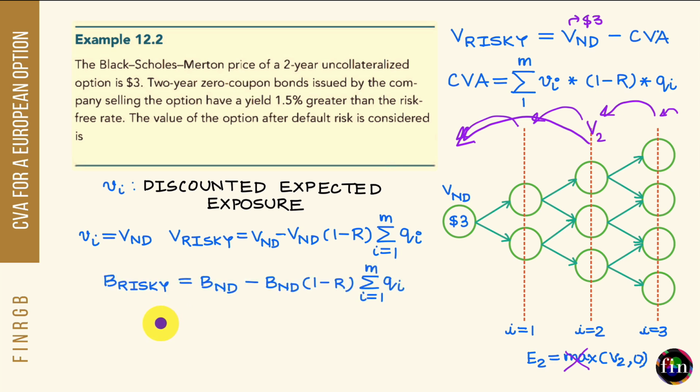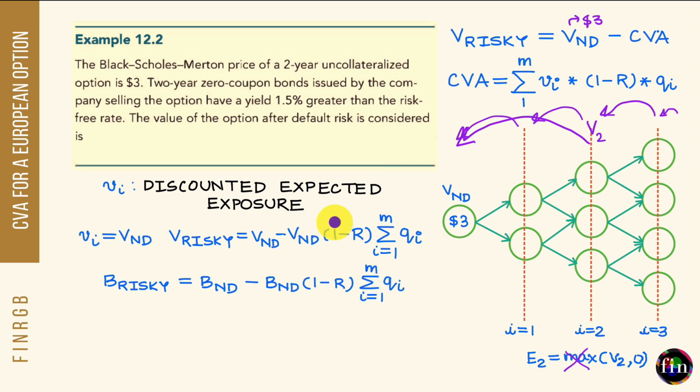And this equation would look something like this. The value of my risky zero coupon bond, taking into account the default of my company, my counterparty, is equal to the value of my zero coupon bond ignoring the default of my counterparty minus this same value times 1 minus R times the total unconditional probability of my counterparty defaulting.